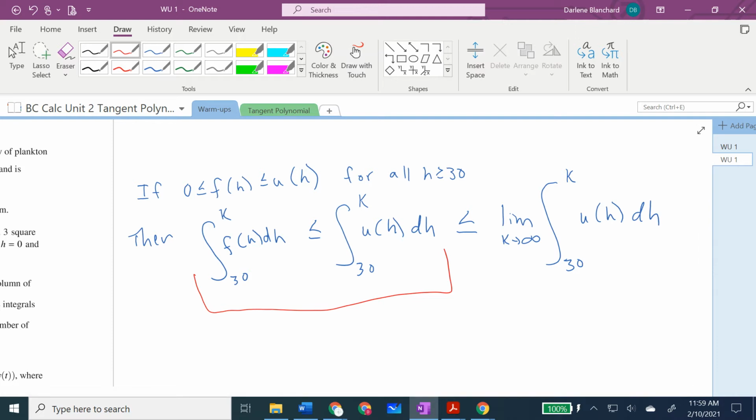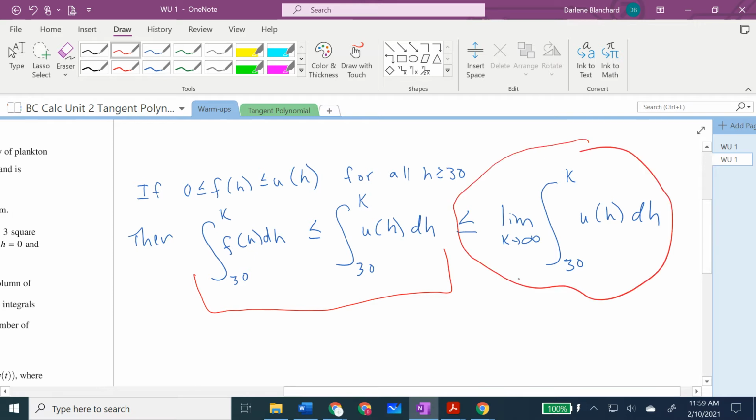Now, through our understanding of improper integrals, we should realize that this is the answer to the limit as k approaches infinity of this definite integral from 30 to k.